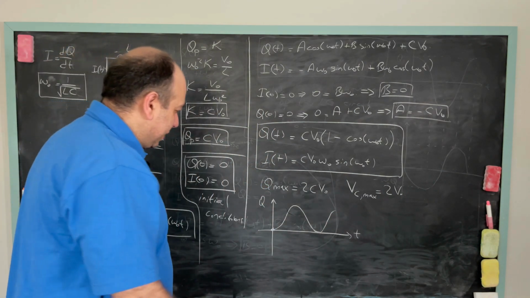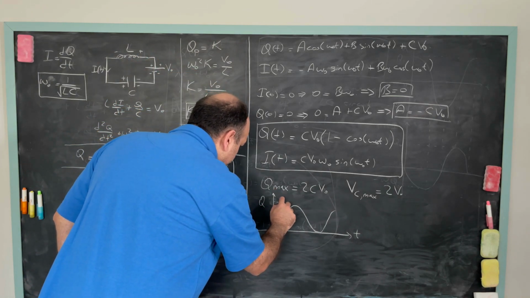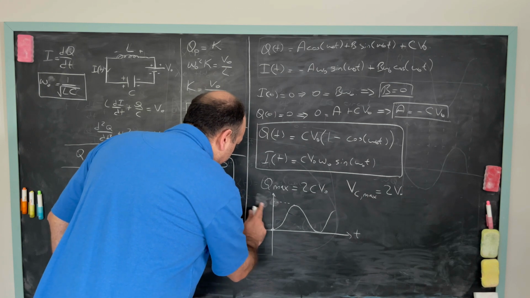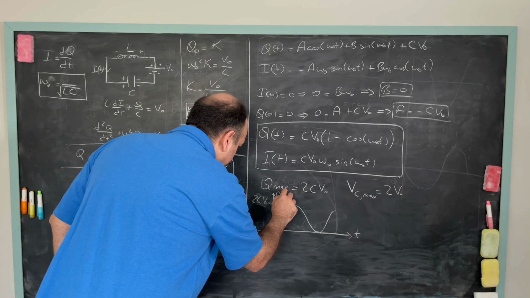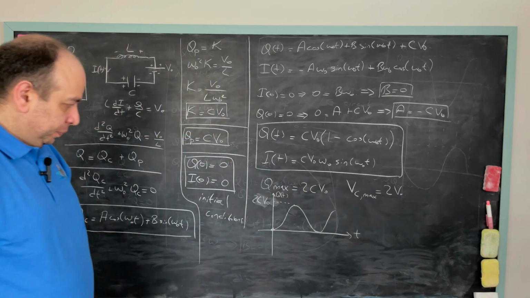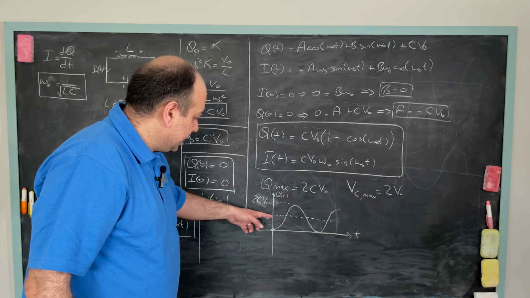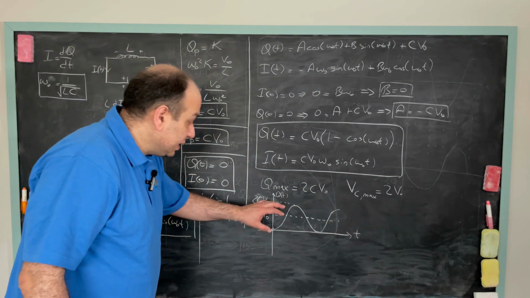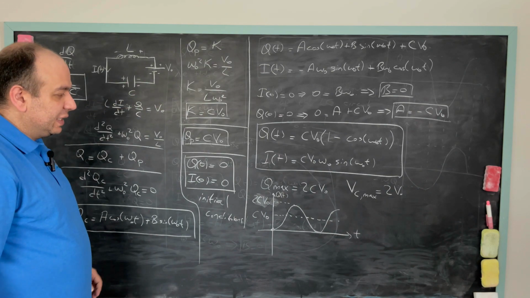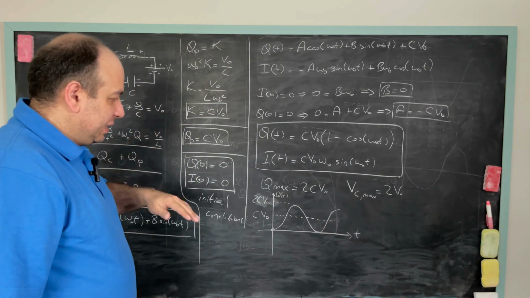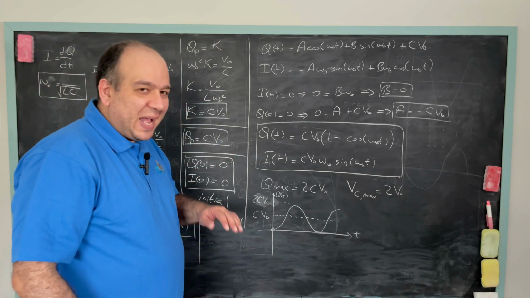This is quite interesting. And the maximum value here, Q max, is simply equal to 2 times C times V naught. This is Q as a function of time t. So the oscillation takes place about this C V naught. What this means is that by introducing a DC source like that, we have shifted the equilibrium point of the oscillation, right? So it's kind of a bias.